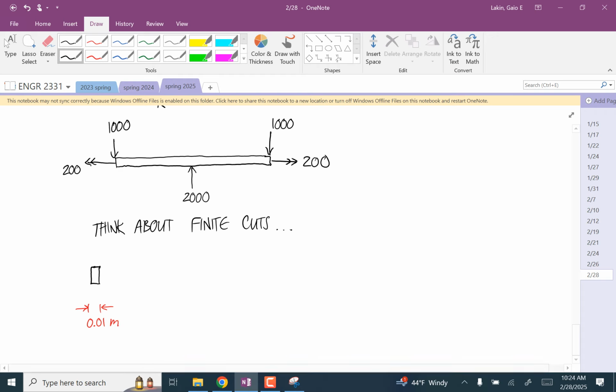So we have our 1,000 there, we have our couple of 200 there, and then we have our internal loads.